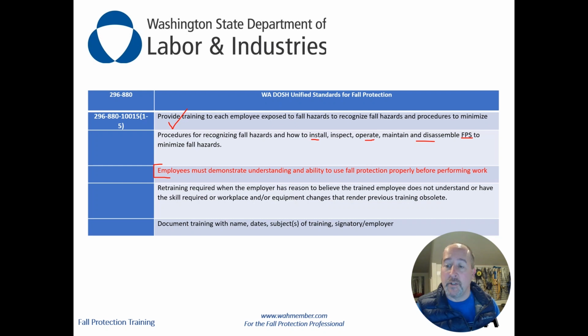The easiest way to do that is to have them repeat that equipment use and the procedure, as part of the training event. Washington State also has the same 3 retraining requirements: insufficient skill or changes in the workplace or equipment. And then it also has to be documented with names, dates, subjects of training, and the signatory of the employer.